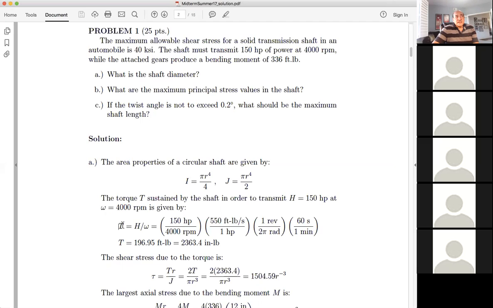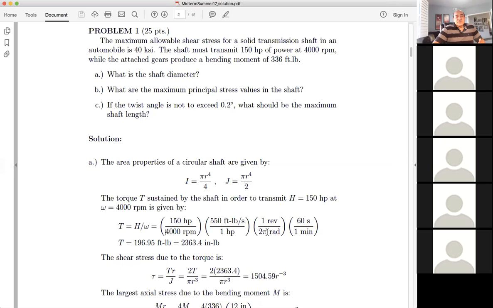This is the SI version, which is without any units, and these are the units of the conversion. You convert horsepower over RPM. Then you have to convert 1 horsepower to foot-pound per second, and then revolution to 2 pi radian and seconds to minute. So you could do that, or you just use the formula that we have.